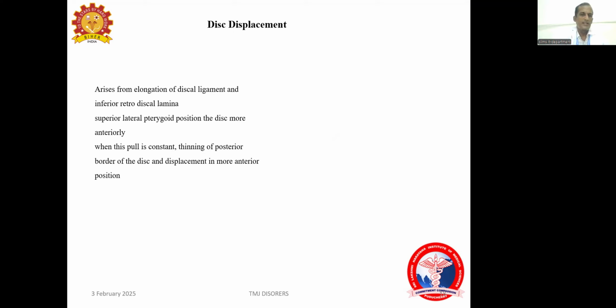Now this articular disc arises from the elongation of the discal ligament and the inferior retrodiscal lamina. As I said earlier, the lateral pterygoid muscle is attached more anteriorly to this.